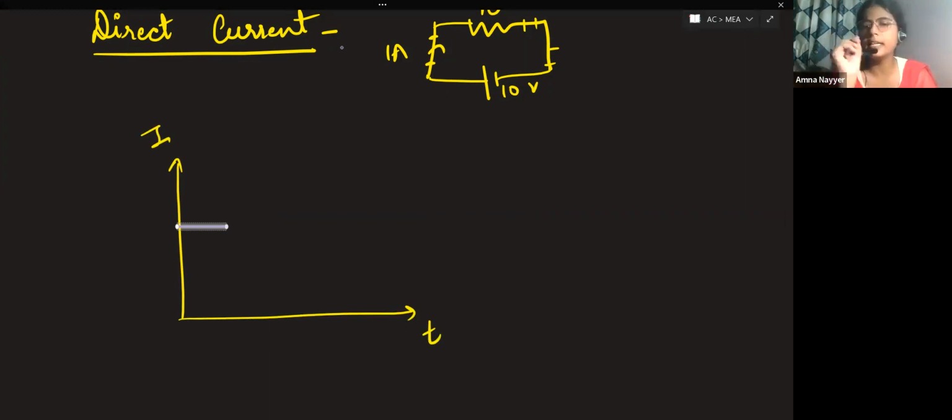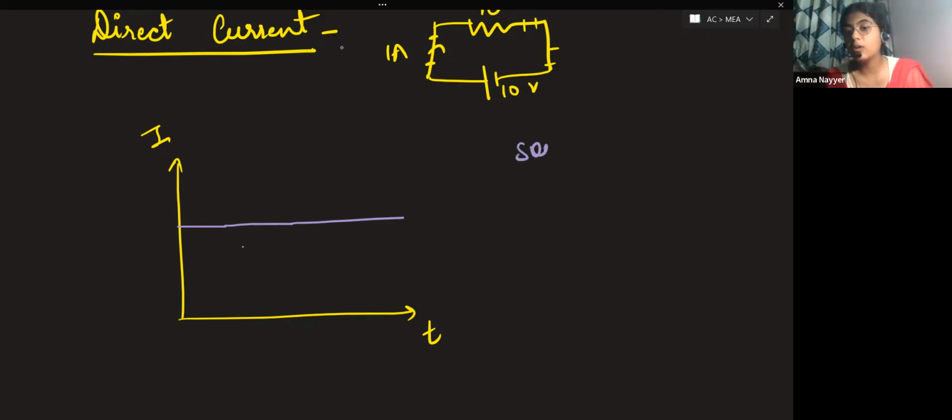At a certain time, current has this value. Let's say this is some value. Now, as the time increases, the value of current remains the same. We increase the time further, and the current still has that value only. For t equal to 5 seconds, current is 5 amperes. For t equal to 10 seconds, current is 5 amperes. So that is your direct current.